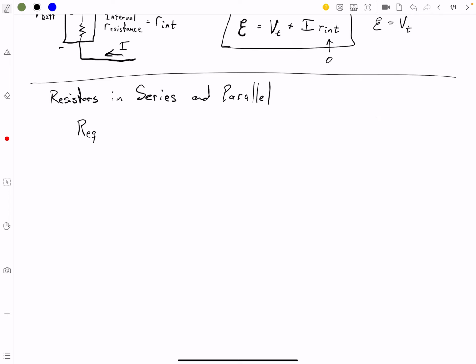R equivalent. The nice thing is it's the actual opposite of what capacitors do. So R equivalent for series is this. Now, if you were to do a capacitor, it would be 1 over the capacitance equivalent, and then 1 over capacitance 1, 1 over capacitance 2, right?